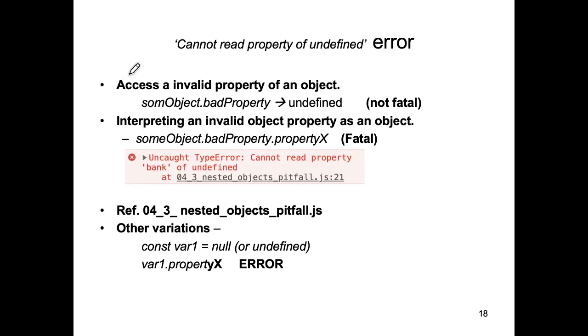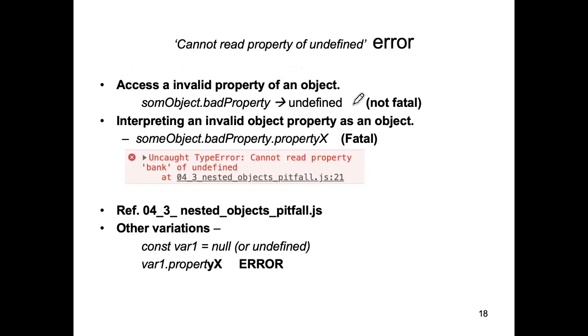First of all, when you try to access an invalid property of an object, something generically like this, I've already told you that this expression evaluates to the value undefined. That's not an error as such, that's just part of the language.